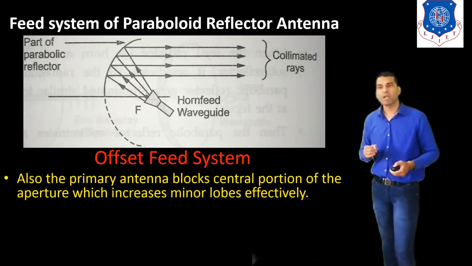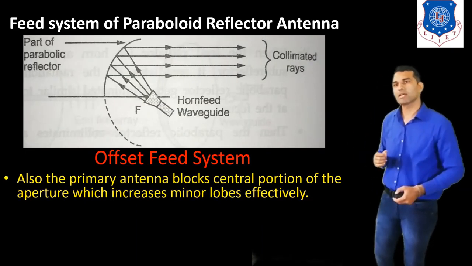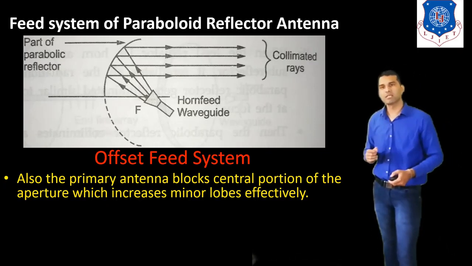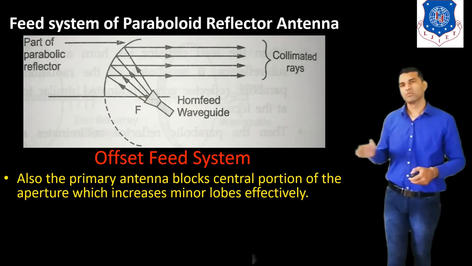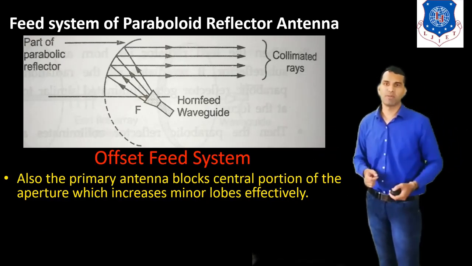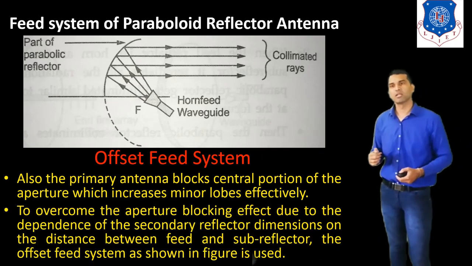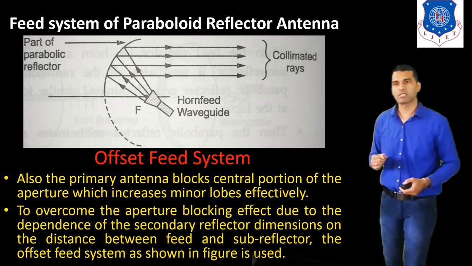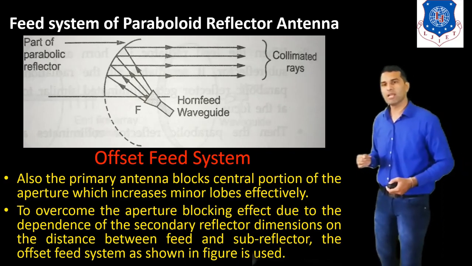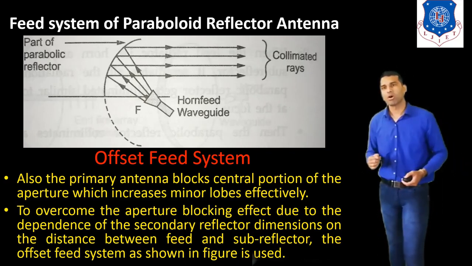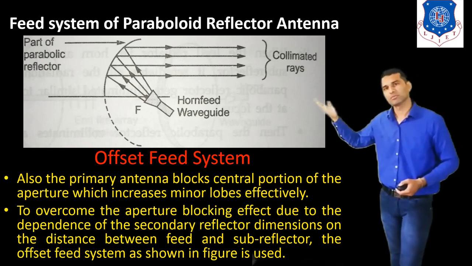Also, the primary antenna blocks the central portion of the aperture, which effectively increases the minor lobes. So here, due to this blocking, minor lobes are present. To overcome the aperture blocking effect, due to the dependence of the secondary reflector dimension on the distance between the feed and the sub-reflector, the offset feed system as shown in this figure is used.